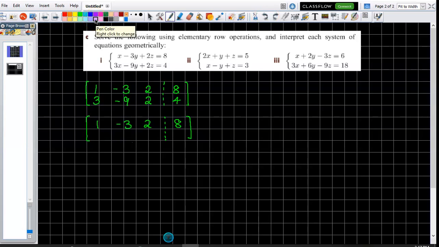So what will I do to get a 0 here? 3 row 1 minus row 2. So we go 3 minus 9, 6. Oh, what am I doing? 8 3s, 24. Geez, I have to think about that.